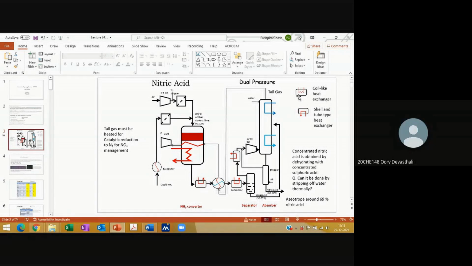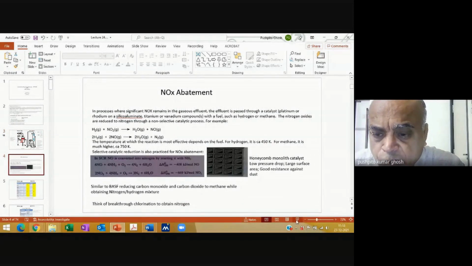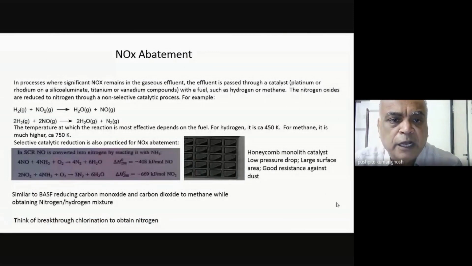Thank you, sir. So then what you do is that you take this NOx which is coming out, and you may not be able to directly vent it, as I told you, but there are processes which are known, which convert the NOx into nitrogen, N2.